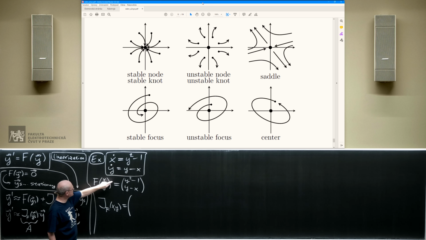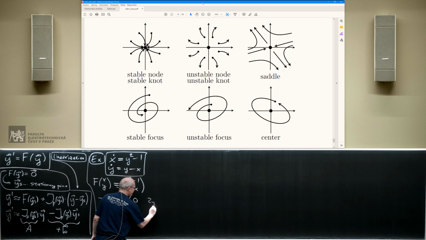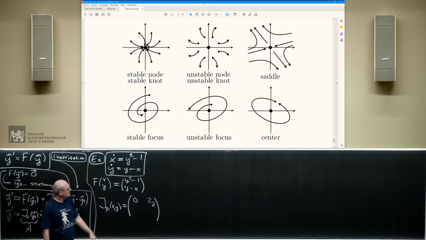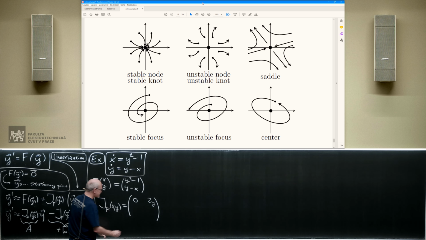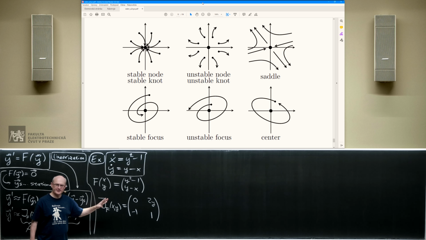So the derivative with respect to x is just 0, and the derivative with respect to y is 2y. So far, so good. The second component, again, differentiate with respect to x, with respect to y. So the derivative by x yields -1, the derivative by y yields 1. So that's the general formula for the Jacobi matrix of this particular function.